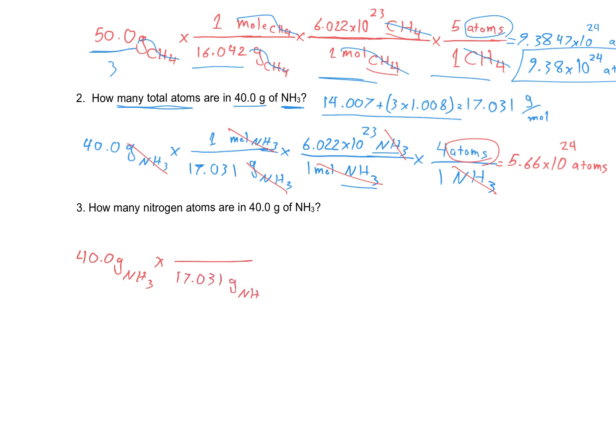Gram of NH3 is 1 mole of NH3, and we want to find how many, so we have to use the definition of mole. 1 mole of NH3 is Avogadro number of NH3.